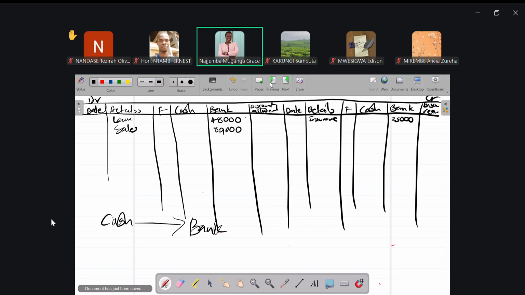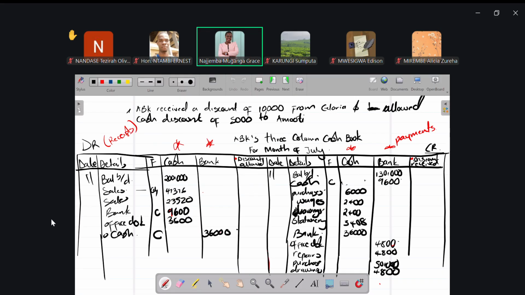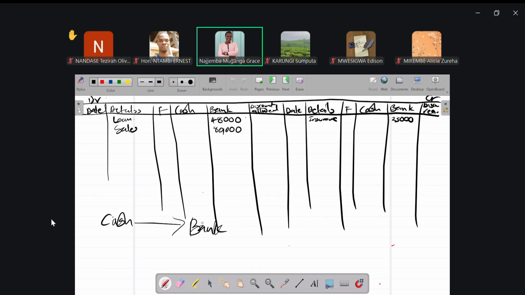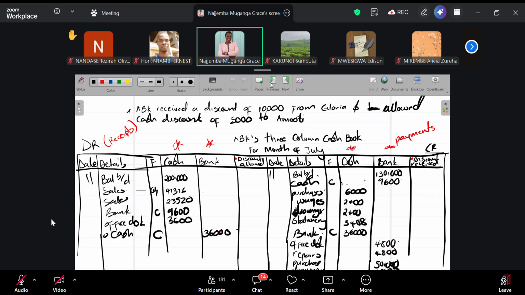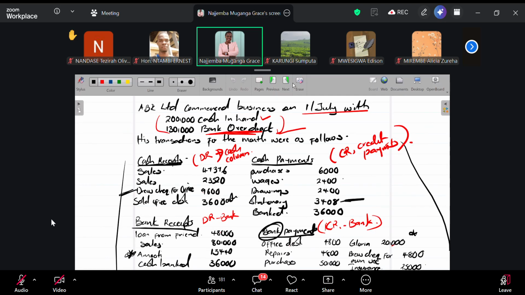So what do we do in that case? Cash is giving to the bank. That means bank is receiving. So come and show that the bank is receiving how much? 36,000.